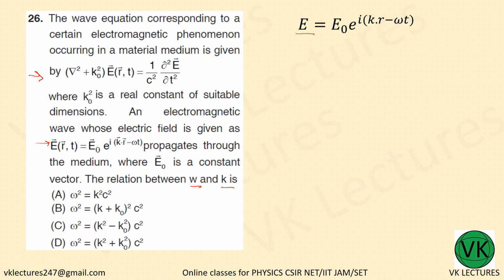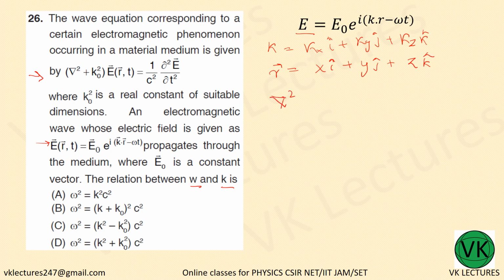Now what is k? k equals kx i cap plus ky j cap plus kz k cap. And what is r? r is the position vector equal to x i cap plus y j cap plus z k cap. Now we want del square.